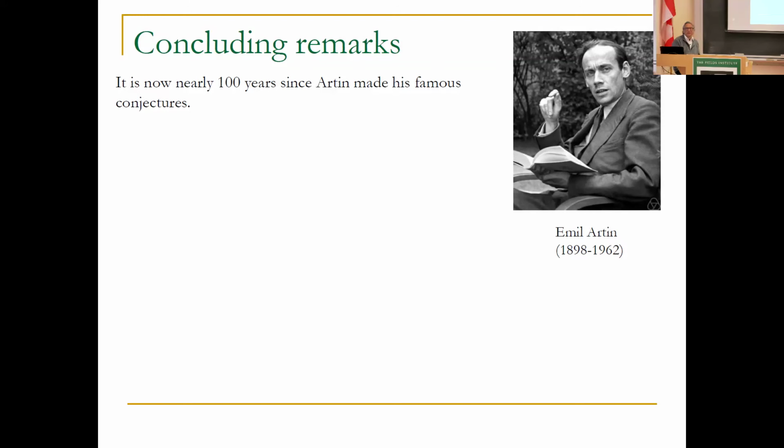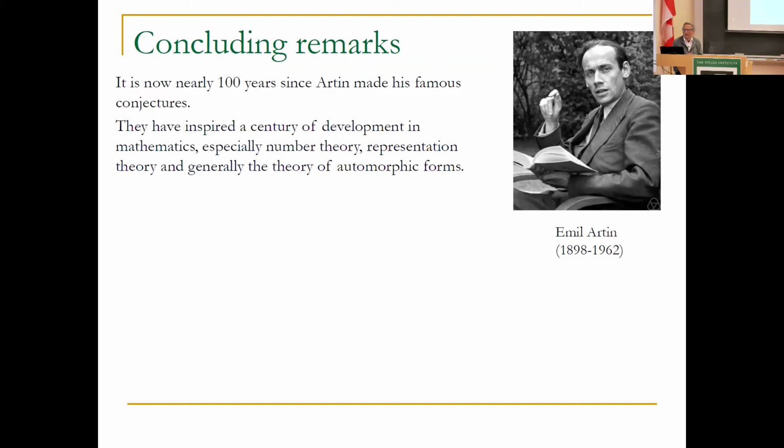Well, it takes you into the Langlands program. So there's this wide spectrum of remarkable mathematics. They've inspired a century of developments in mathematics, especially in number theory, representation theory, and the general theory of automorphic forms. For example, I think most of you know Fermat's last theorem would not have been proved without the Langlands–Tunnell theorem, which is a first step in Wiles's proof.